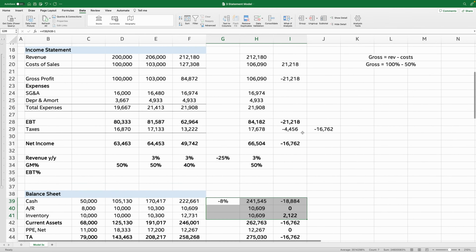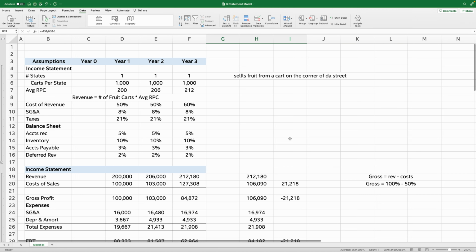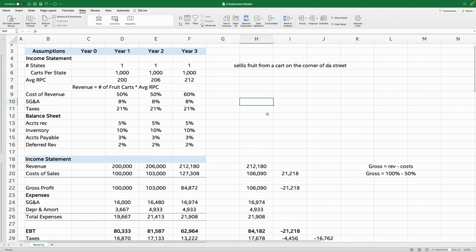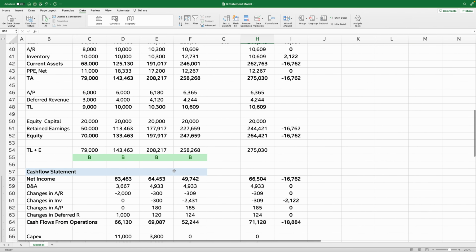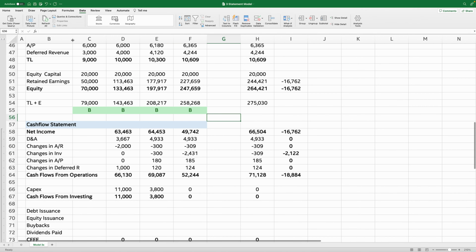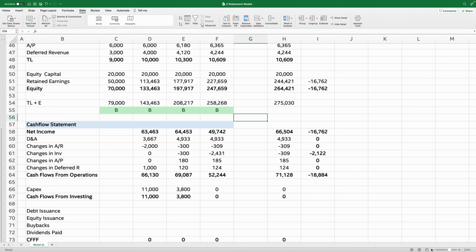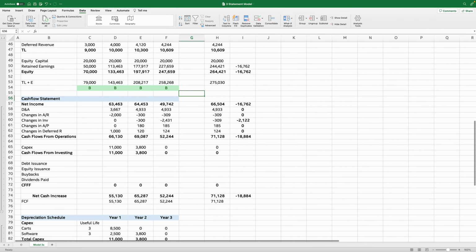What else is there? I don't want to talk about anything else. That's pretty much it. So we did all this from scratch. Everything ties out, which is important. So that's good. And we have a 3-statement model now, all on one single page.